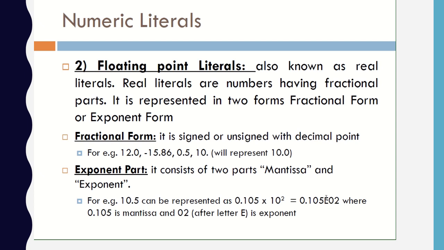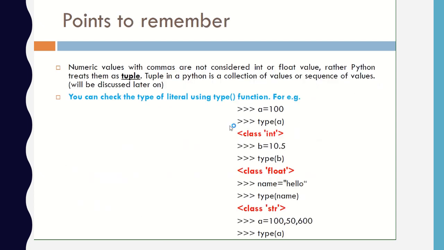E means exponent. Here 0.105 is the mantissa, and 02 after the letter E is the exponent.